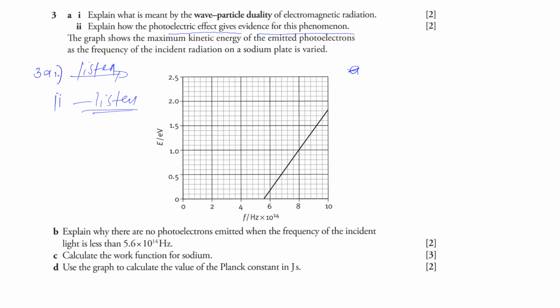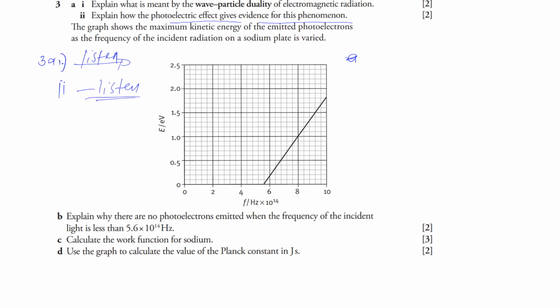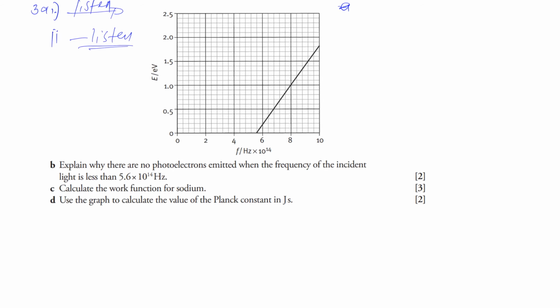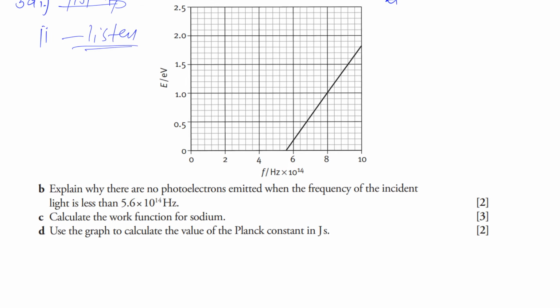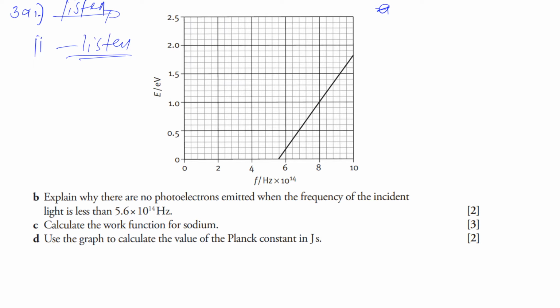Let's go to B. Explain why there are no photoelectrons emitted when the frequency of the incident light is less than this number.